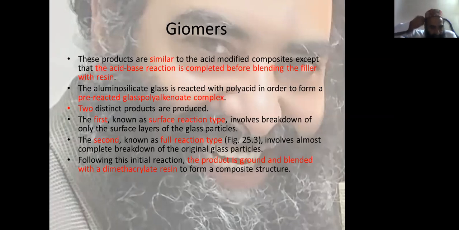And the second one is known as full reaction type. It involves almost complete breakdown of the original glass particles. These are the 2 types of giomers. Following this initial reaction, the product is ground and blended with the dimethacrylate resin to form a composite structure.